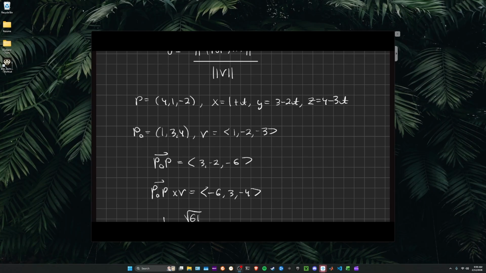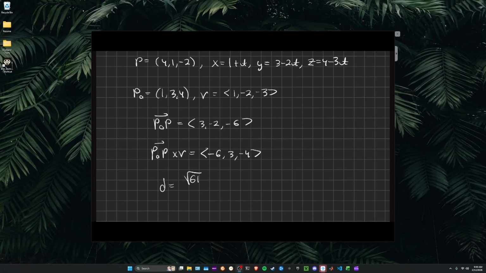So 36 plus 9 plus 16. So square root of 61 over, and now the norm of V. V is that vector (1, -2, -3), so it'd be 1 squared plus 4 plus 9, so we'd get square root of 14. And I'll just leave it like this.